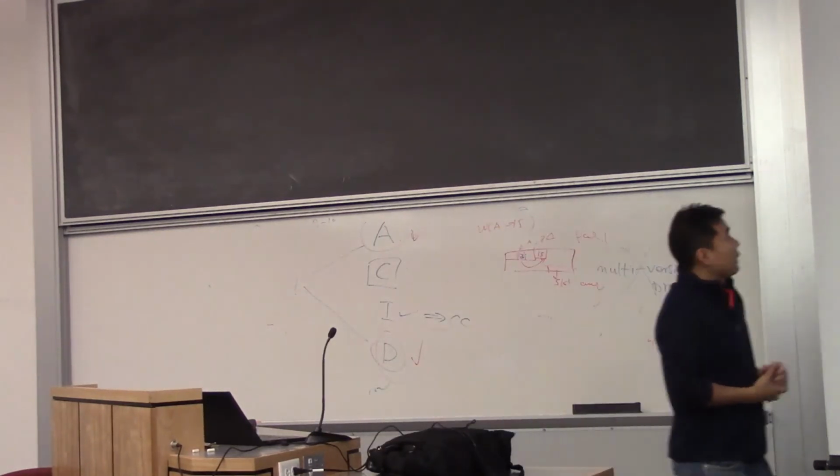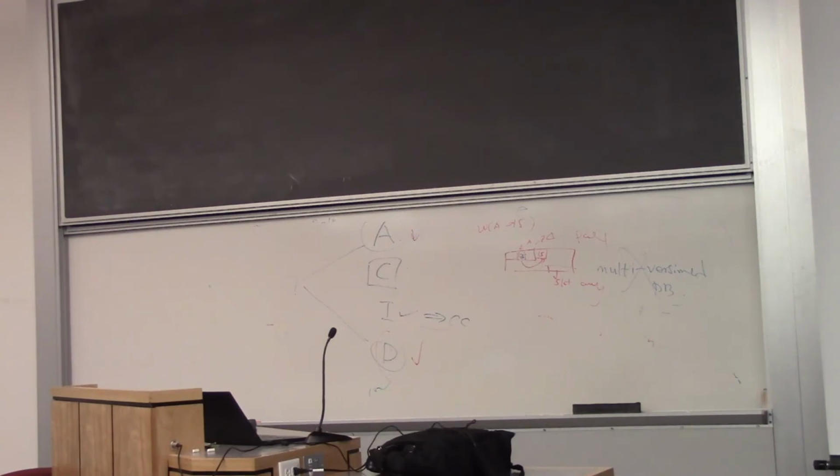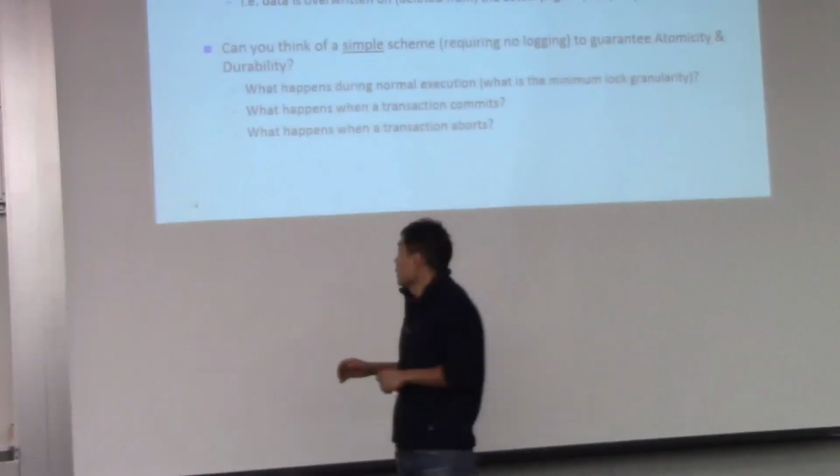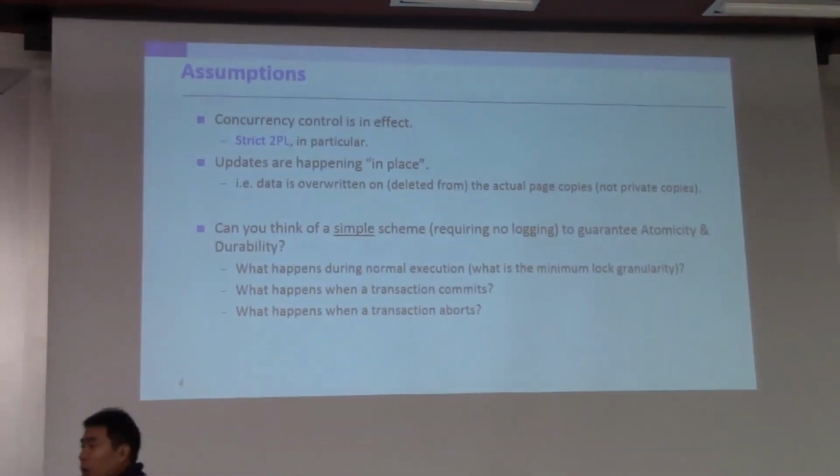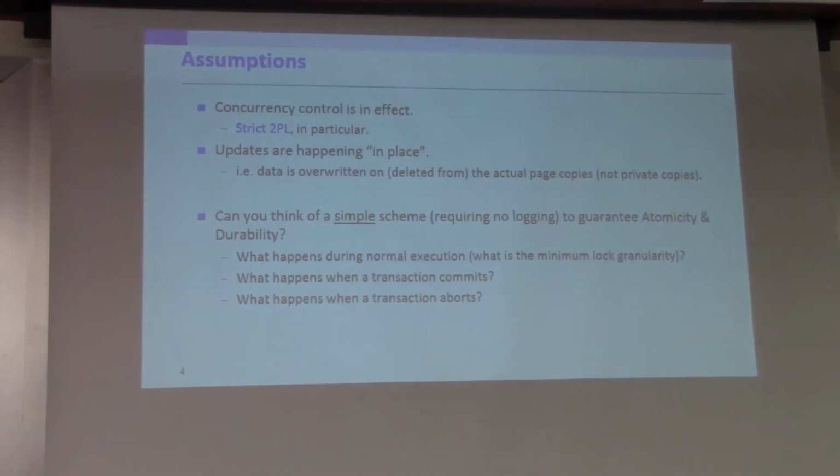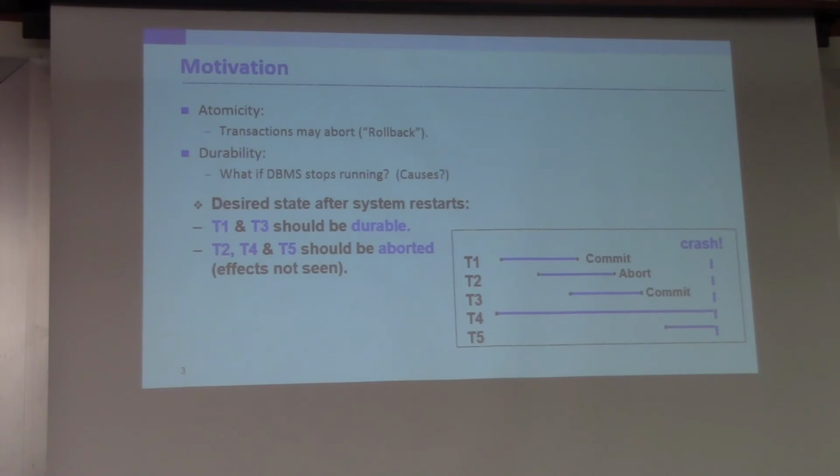Now, can you think of a simple scheme requiring no additional logging that ensures both atomicity and durability? Meaning that when the system crashes, there's nothing I need to do. Atomicity and durability are automatically taken care of.